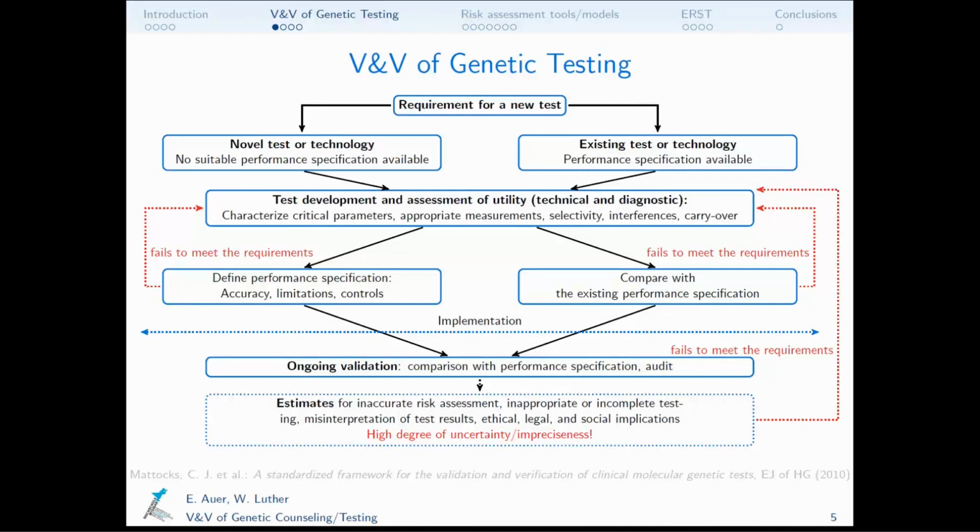And we also see that an important step aside from verification here and ongoing validation is to give estimates for inaccurate risk assessment, inappropriate or incomplete testing results, misinterpretation of results, but also to have a focus on ethical, legal, and social implications. Also, in this process, there is a high degree of uncertainty or impreciseness.